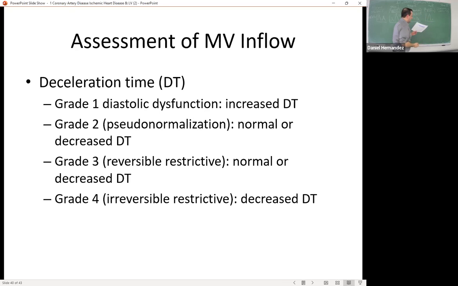So with this E to A ratio, now the E to A ratio is going to be greater than 1.5. With our irreversible restrictive filling pattern, we have a very, very large E and a small A. And again, it's still defined as an E to A ratio that's going to be greater than 1.5.